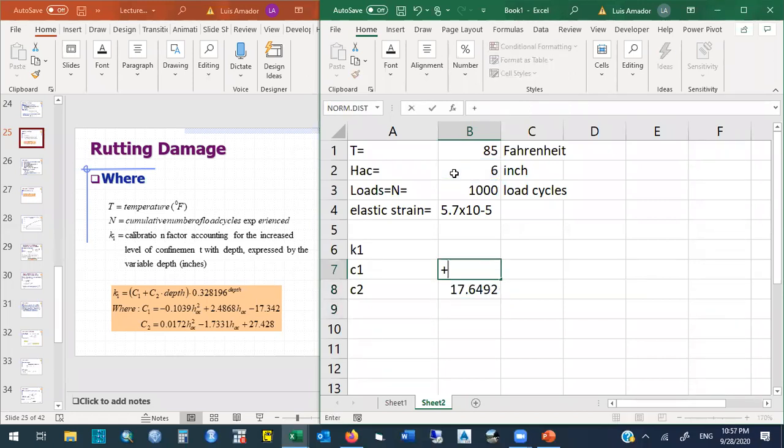And C1 will be minus 0.1039 times the thickness squared, just gonna put it like that to make sure that it's not gonna give me an error, plus 4868 times the thickness, minus 17,342.